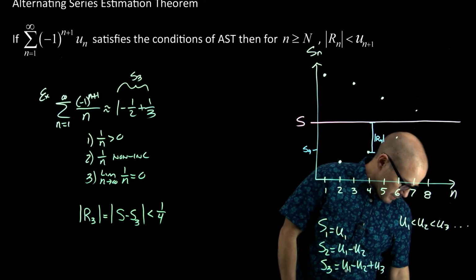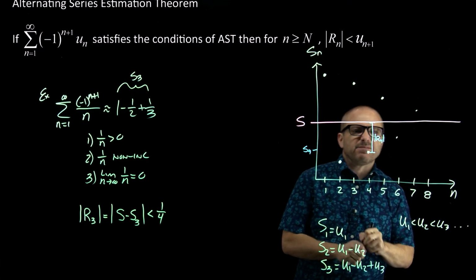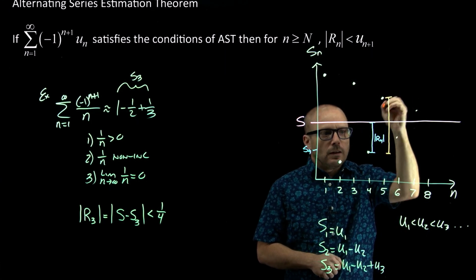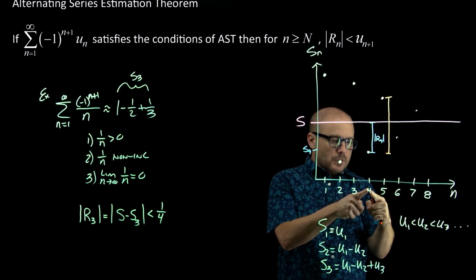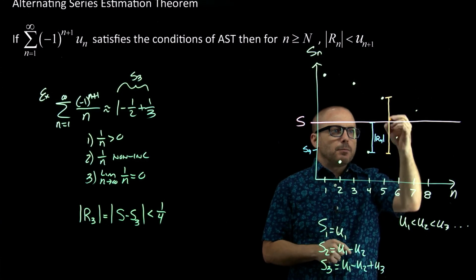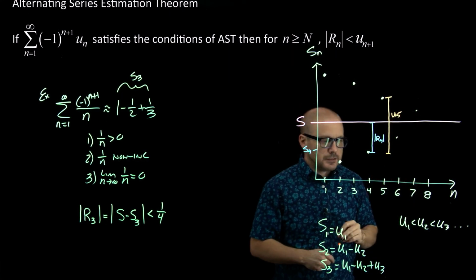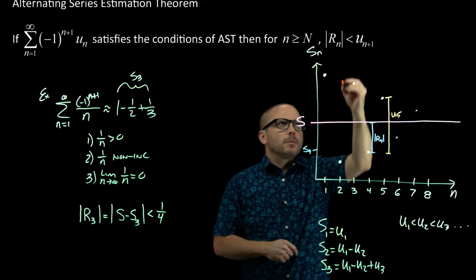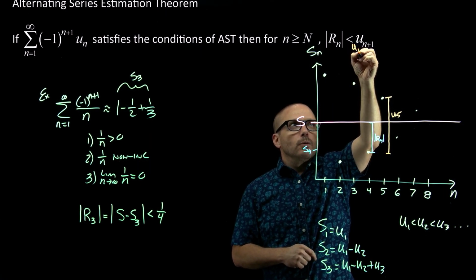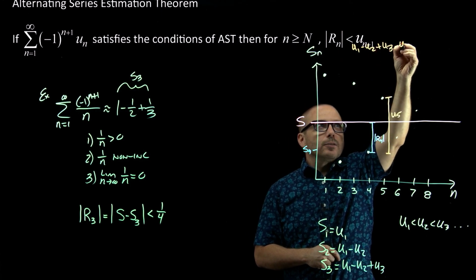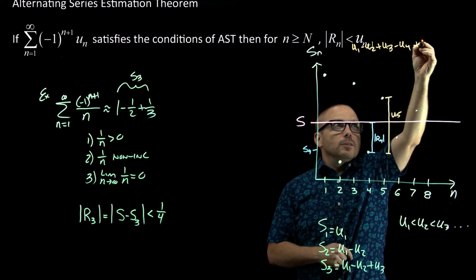Because how far am I about to jump? Well, that's my next U. To go from my fourth partial sum to my fifth partial sum, I'm going to move a distance of U5. All right, think about this. U1 minus U2 plus U3 minus U4 plus U5.